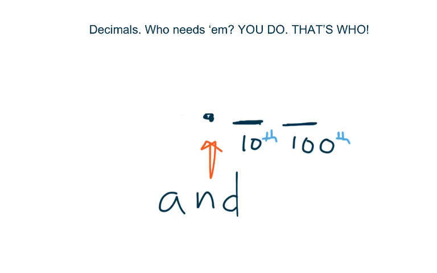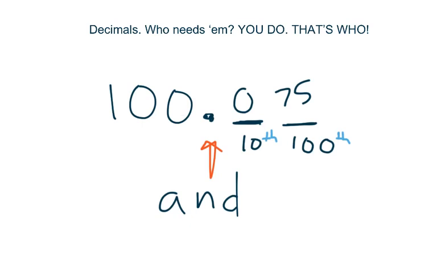Okay, how would I write 175 hundredths? 175 hundredths. 75 out of 100, 75. So could I do this? No, I can't do that.